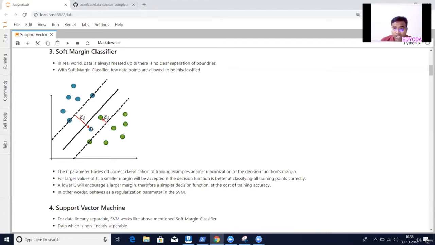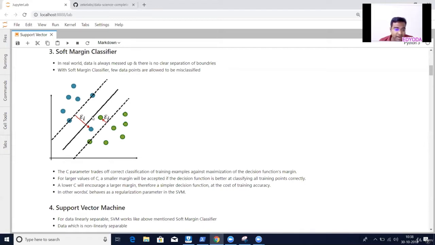The idea is to still find the line or plane which maximizes the separation and is more generalized. This behavior is achieved using the soft margin classifier. That means it allows some degree of misclassification. That's how it is different from the maximal margin classifier. And based on C, which is the trade-off, with a larger value of C, a smaller margin will be accepted.